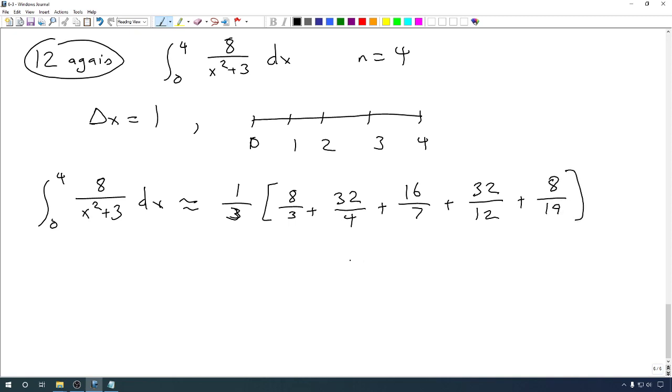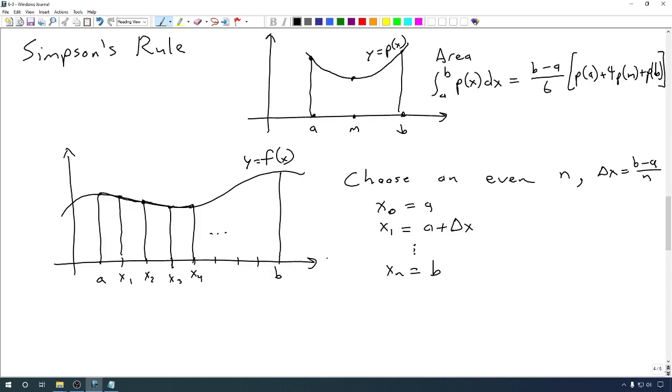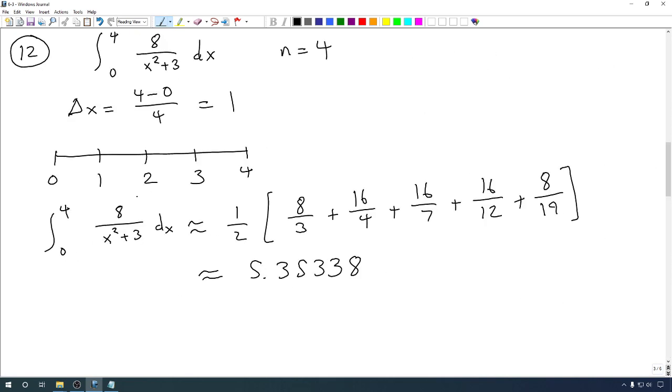So essentially, this is going to be exactly what we had back here, except instead of a 1/2, we have a 1/3, and actually, the first, third, and fifth terms here are exactly the same. The second and fourth ones are now multiplied by 4 instead of multiplied by 2.